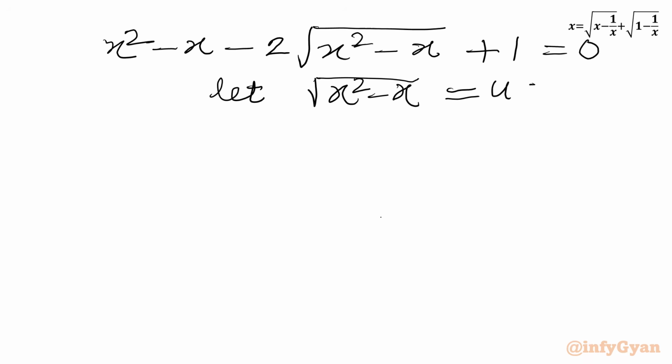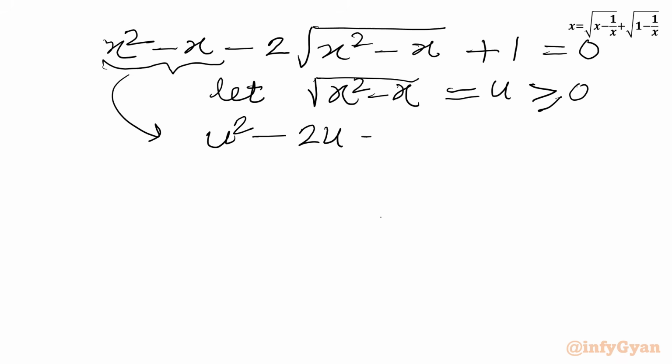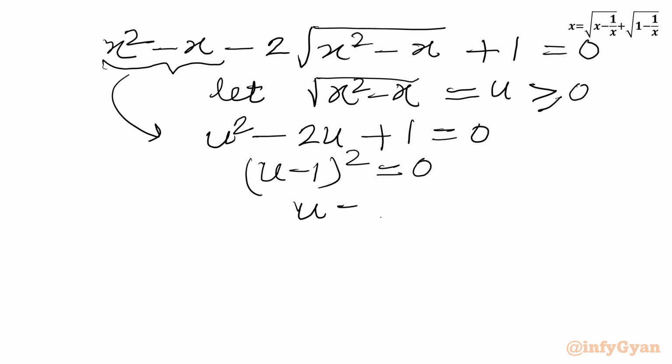For x to be real, u must be greater than or equal to 0. So here we can write this is u square. Let's write the equation u square minus 2 times u plus 1 equal to 0. And this is (u minus 1) whole square equal to 0. After taking the square root on both sides, we will get u equal to 1.